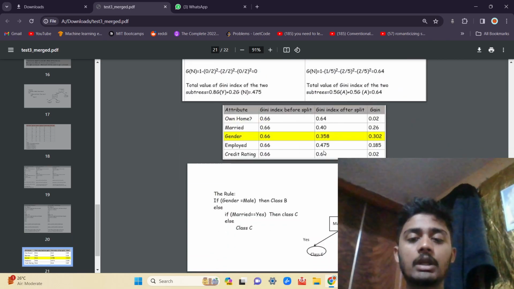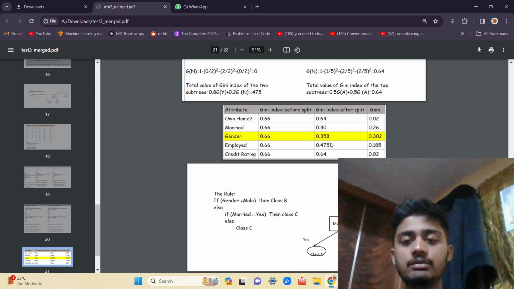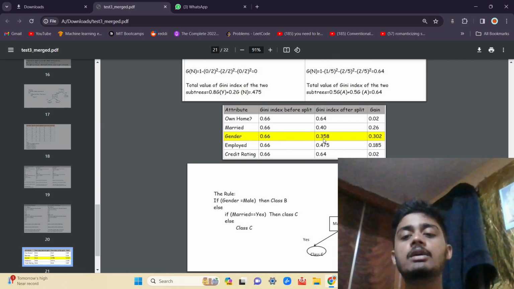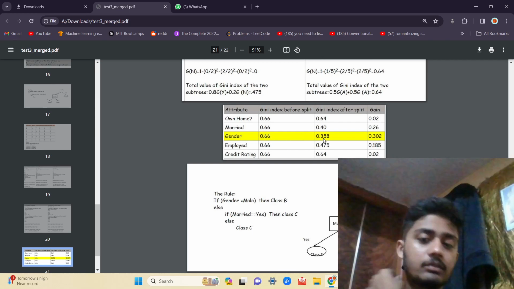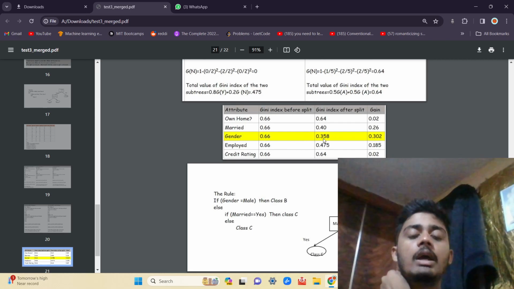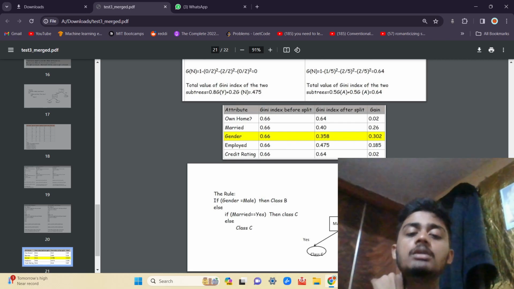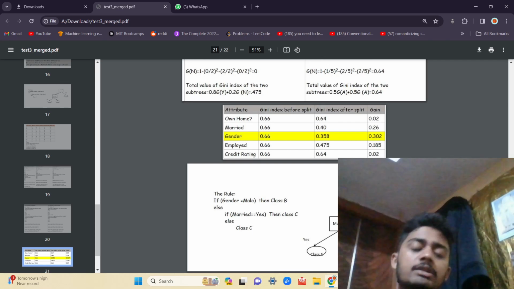Then we have to make a table, and here we can see the smallest Gini index, 0.358 is the smallest, so it will be the root node, and the process is the same for it also.